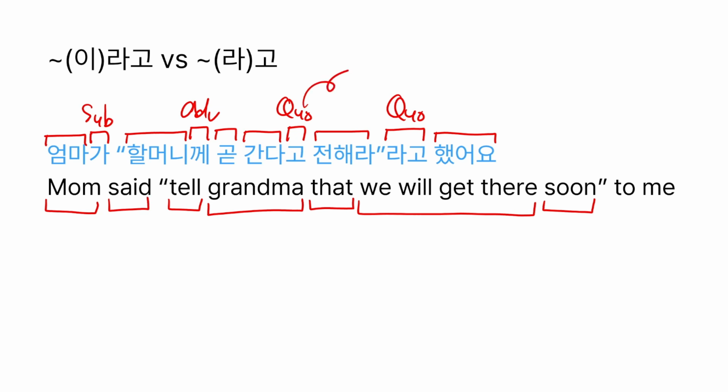So something고 is indirect quotation, and something라고 is direct quotation.